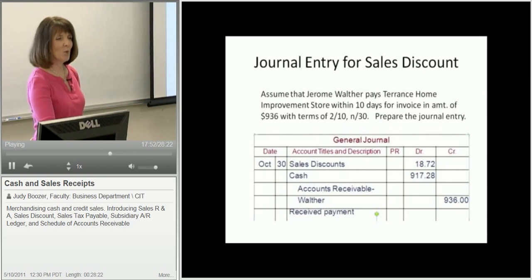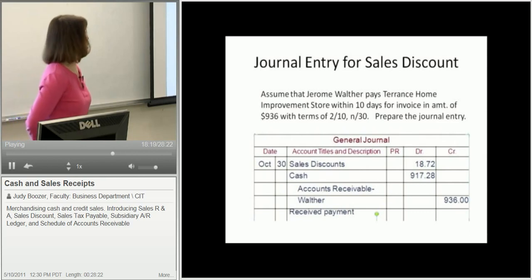The sale was $936, and how much discount will this person get? 2%. What's 2% of $936? $18.72. Not a big amount, but just think. If you did that for every invoice when you were buying, then you'd get quite a significant discount.